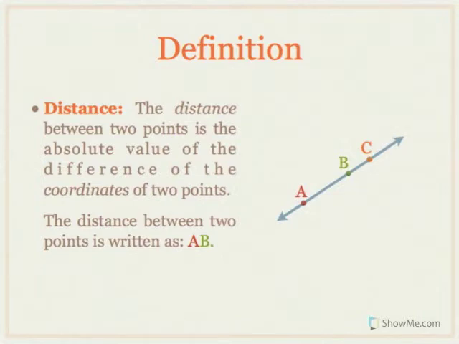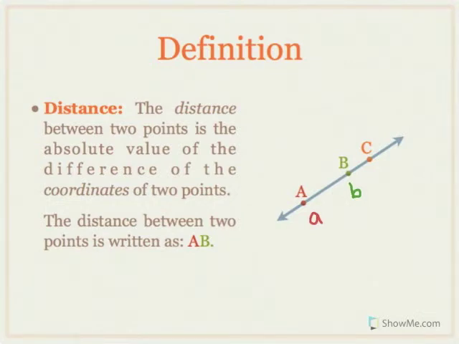Our next definition is exactly what we want to do with segments, and that is measure its length. Length and distance are very similar. The distance between 2 points is the absolute value of the difference of the coordinates of the 2 points. So once again, our coordinates are necessary. I'm going to use variables for the coordinates instead of numbers on this problem so that we can see exactly what is happening.